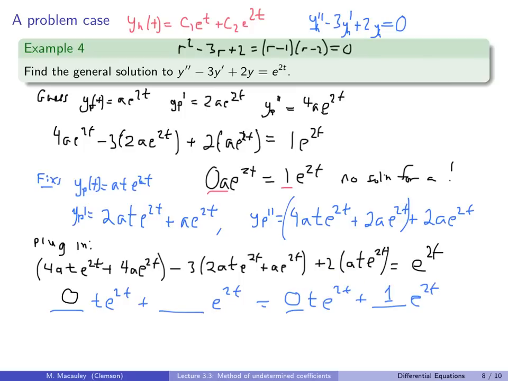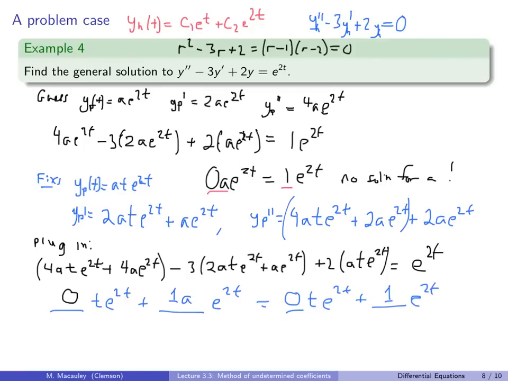And what do we have? How many e to the 2t's do we have here? We have 4a and we have 3a right there, so we actually have 1 times a. Now we have to equate coefficients. Fortunately, 0 equals 0. That's in fact why we chose this.